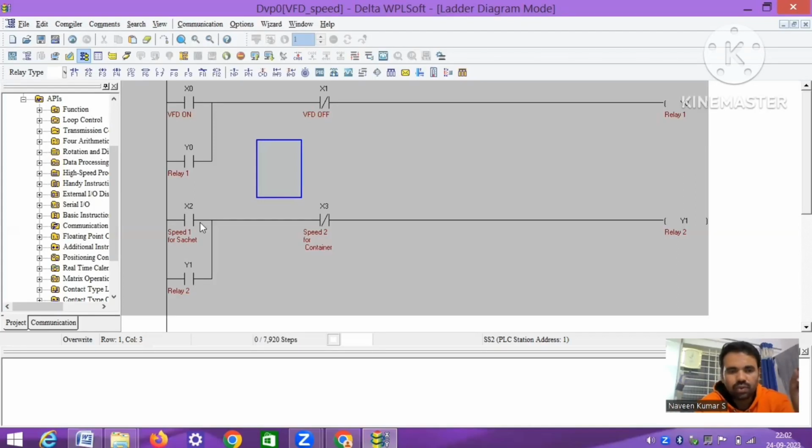So we have programmed it this way: 50 hertz for filling the sachets and 20 hertz for filling the containers. Thus, at any time by pressing X2 and X3, the speed can be changed. By pressing X0 and X1, the VFD can be turned on and off.